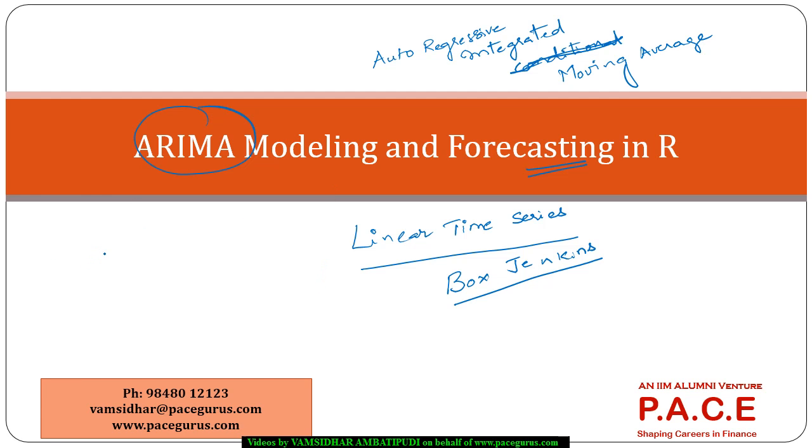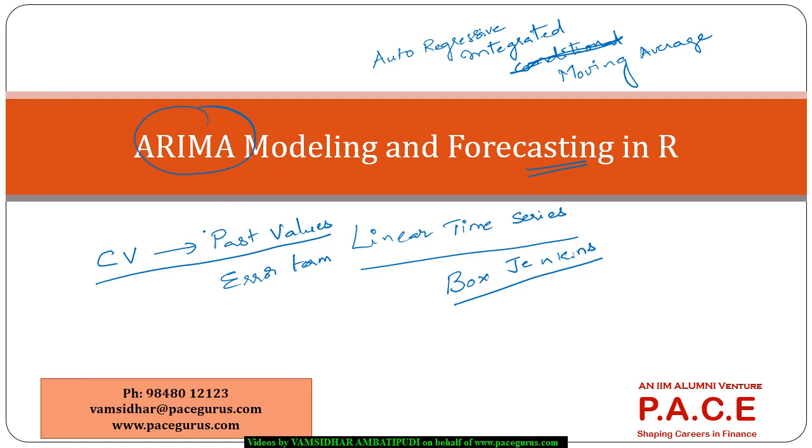And we need to understand some of the basic things here. Whenever we have the current value depending on the past values, right? We use this kind of model whenever we have an impression that the current values are dependent on the past values of that same time series data or the past values of the error term.